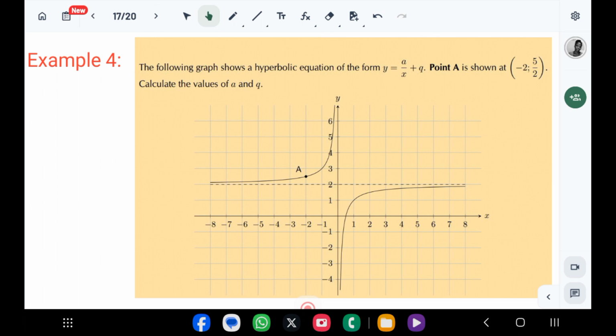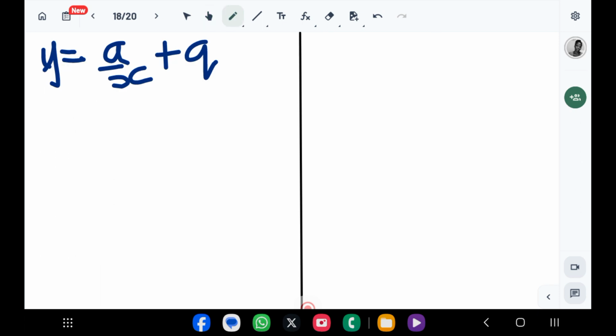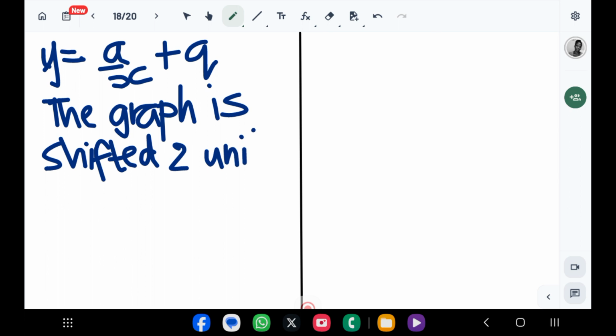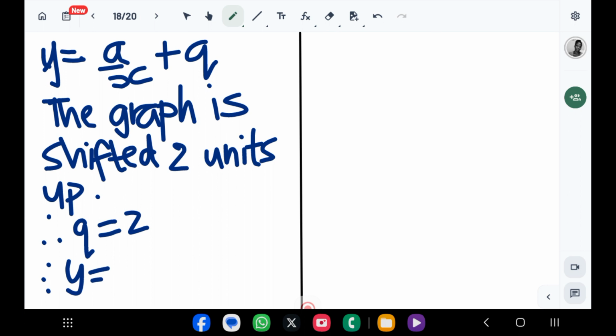The graph is shifted 2 units up. Therefore, q equals 2, meaning that y equals a over x plus 2.